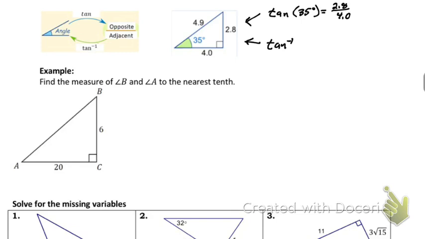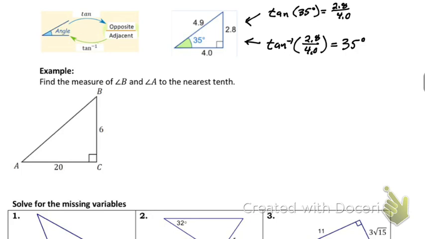If I'm talking tan inverse, the tan inverse of 2.8 over 4.0 is going to equal 35 degrees. So your tan inverse is always going to spit out a degree measure.